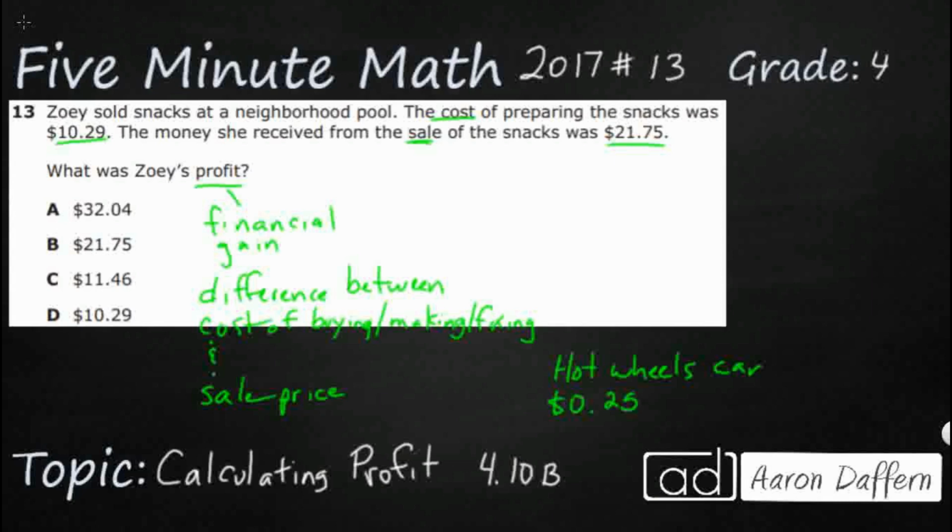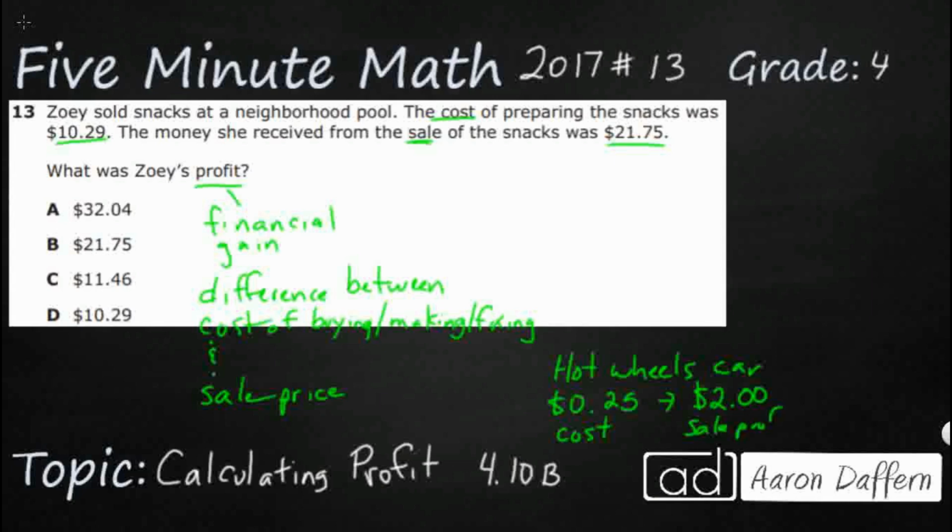But you also know that your uncle likes collecting Hot Wheels cars, and you think this is one that's in pretty good condition, and it costs you 25 cents, but you sell it to your uncle for, let's say, $2. He'll give you $2 for that Hot Wheels car because he wants to add it to his collection. So what we have here is we have our cost, and then we also have our sale price.